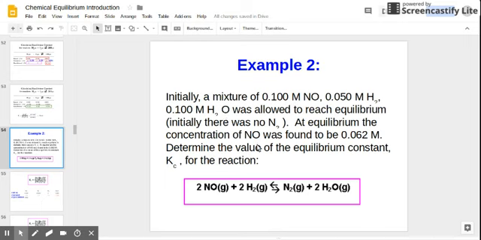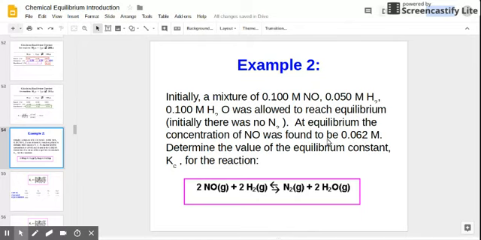So we have 0.1 molar of NO, then 0.050 molar H2, and also 0.100 molar of H2O. So these are the amounts, and you'll notice that one product has an initial amount. And of course, in every equilibrium problem, you must be given at least one equilibrium concentration. In this case, you're given NO, which is 0.062 molar.